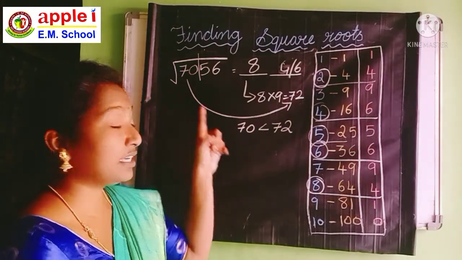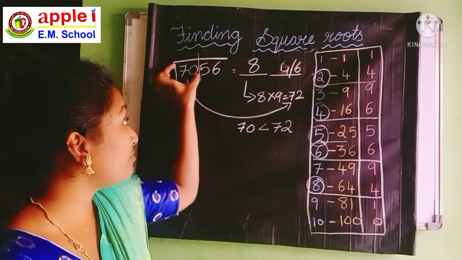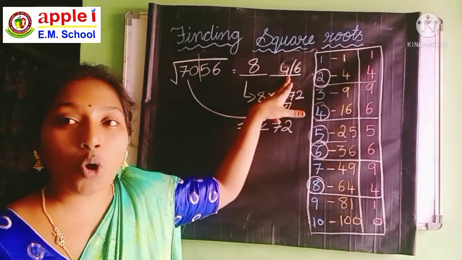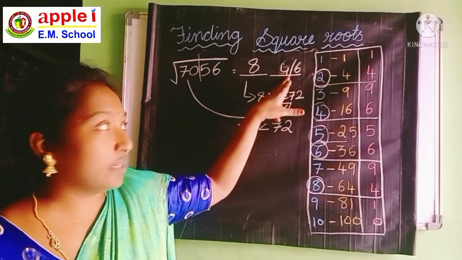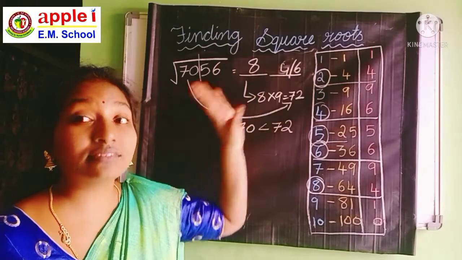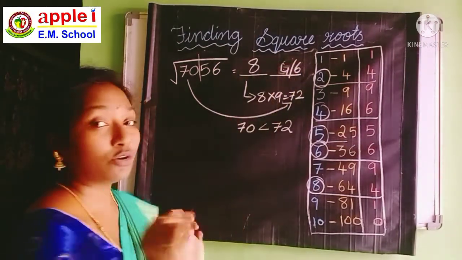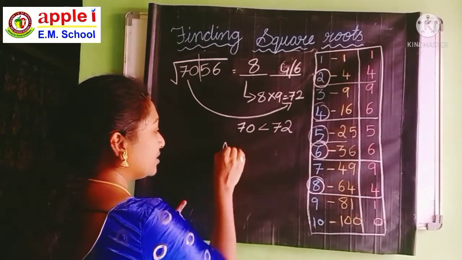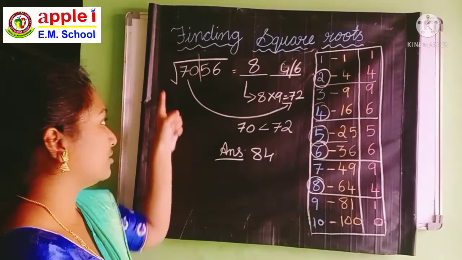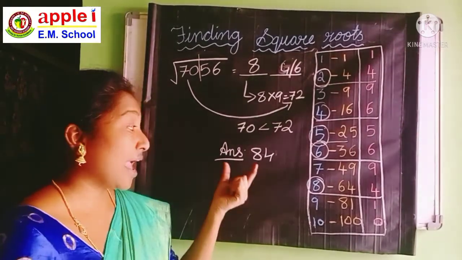So if it is small, we have to consider the smallest number. Here in 4 and 6, the smallest one is 4. So here the units place is 4. So what is the answer here? Answer is 84. The square root of 7056 is 84.